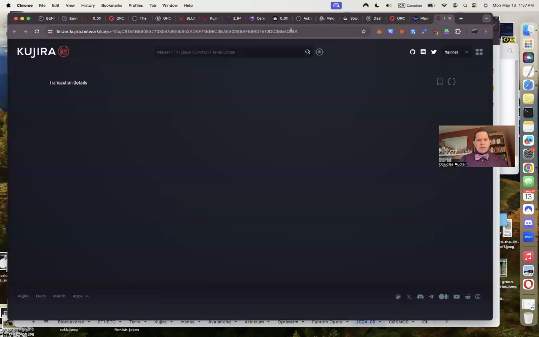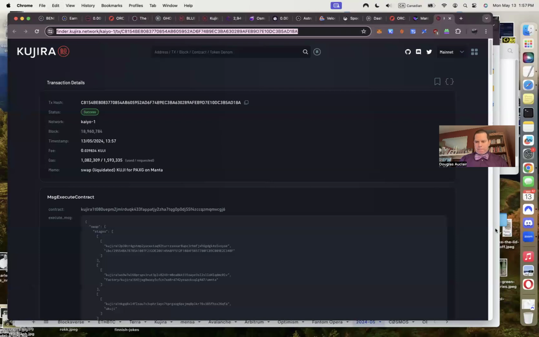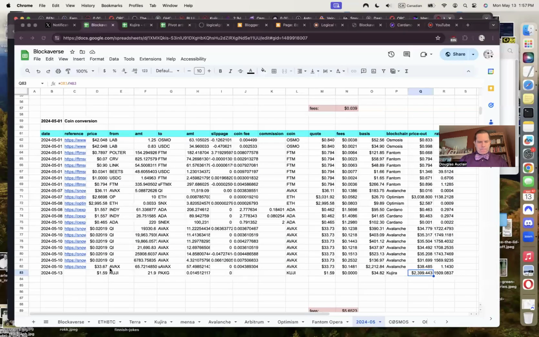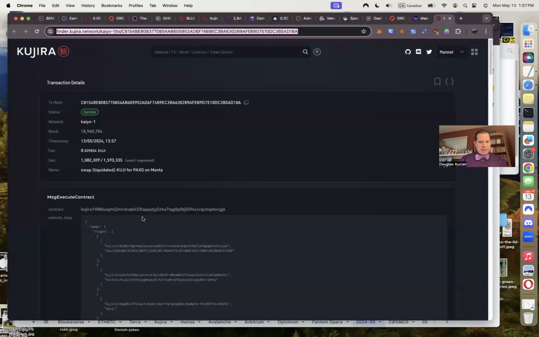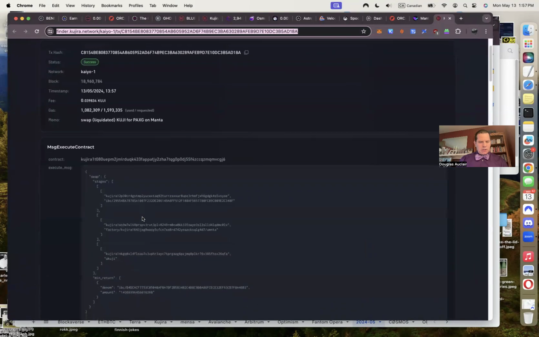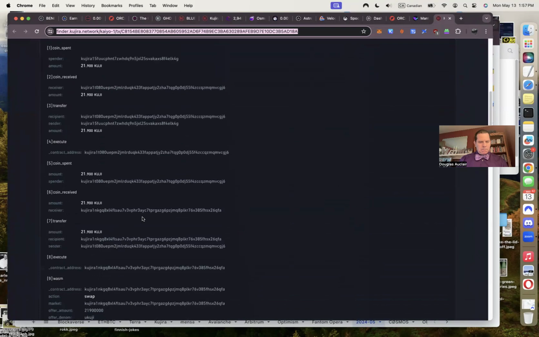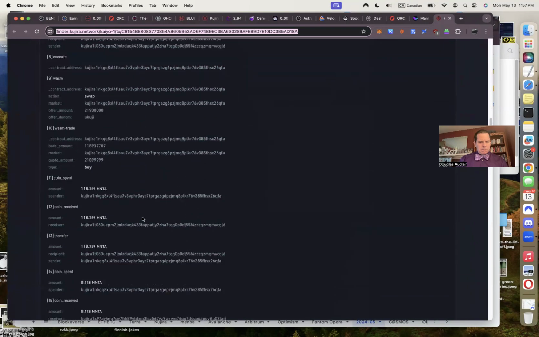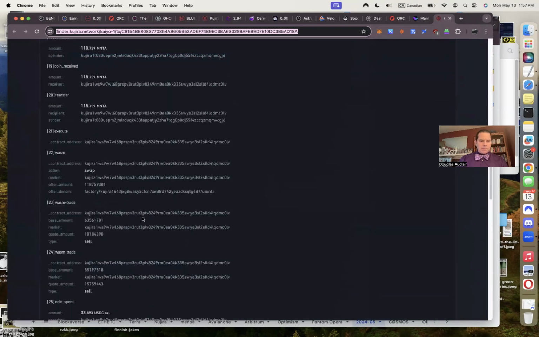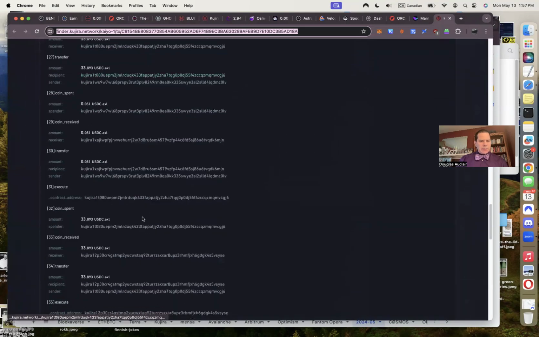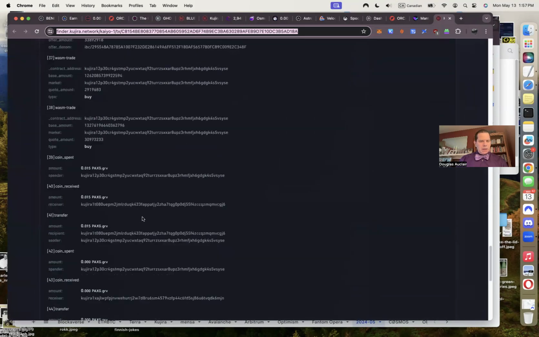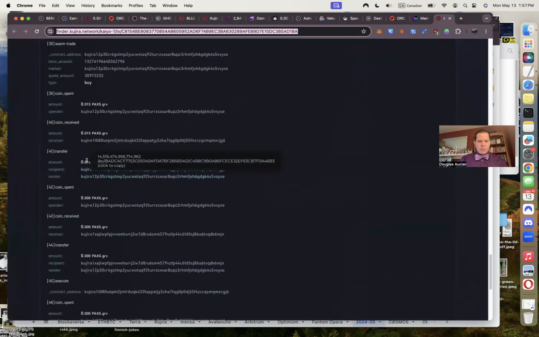Now record the transaction. I actually get back this swap to Manta, swap to USDC, swap to an estimated amount of GPAXG.